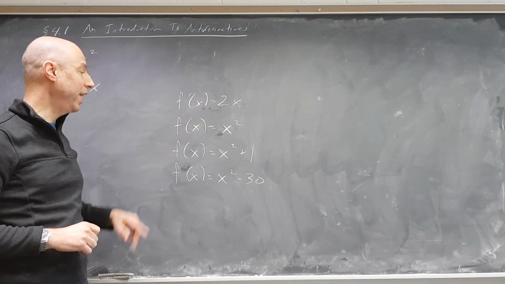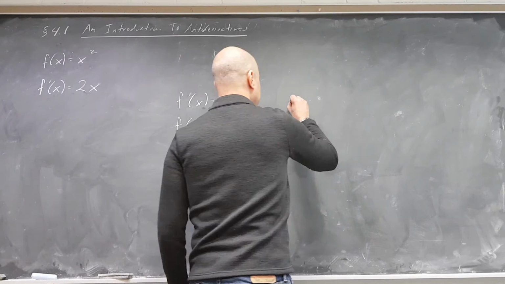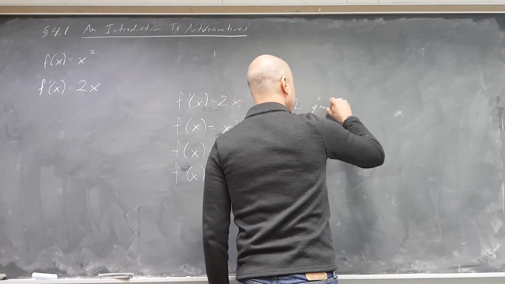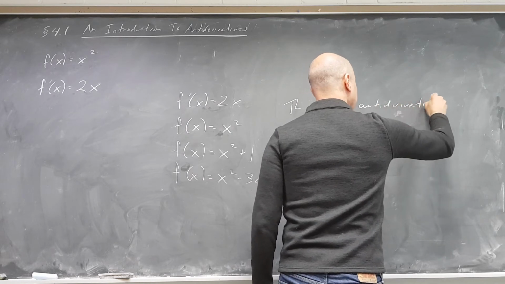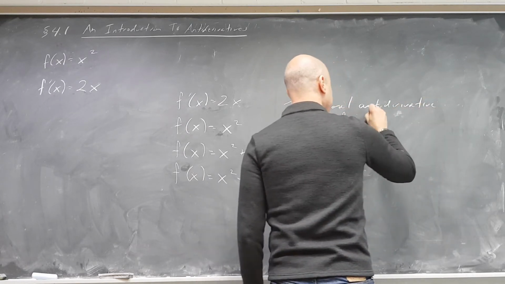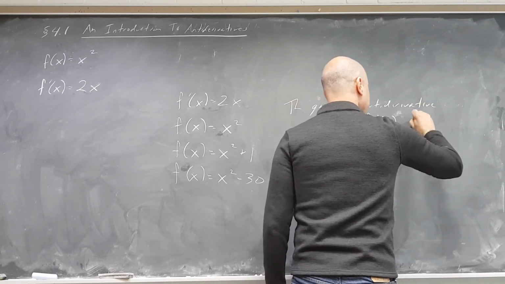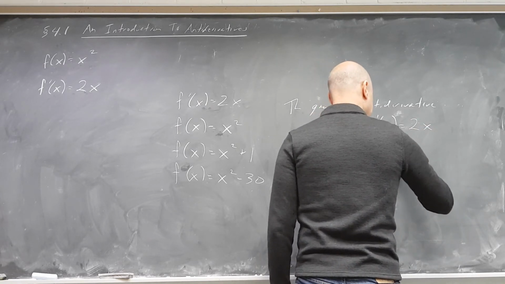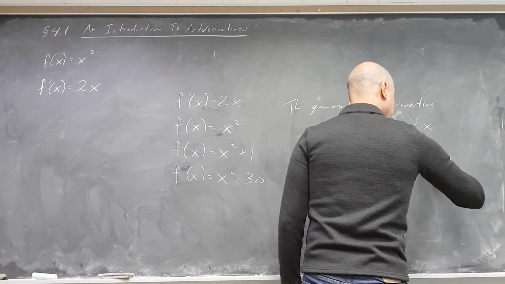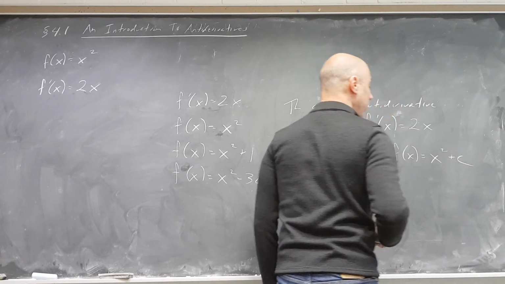So the general antiderivative of 2x is x squared plus any old constant.